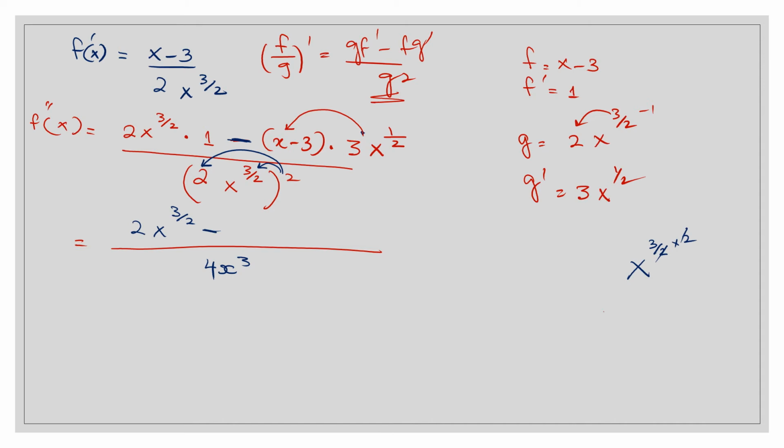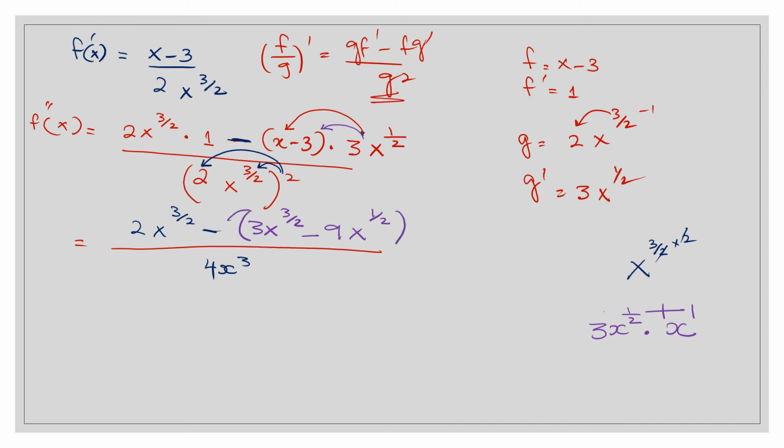Now look at the right hand side. 3x to the power half times x. What do we do? We add the powers if the bases are alike. So we will get 3x to the power 3 over 2. Now second, when we multiply 3x to the power half with the 3, we will get minus 9x to the power half.